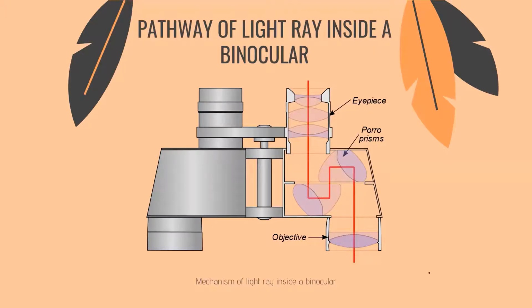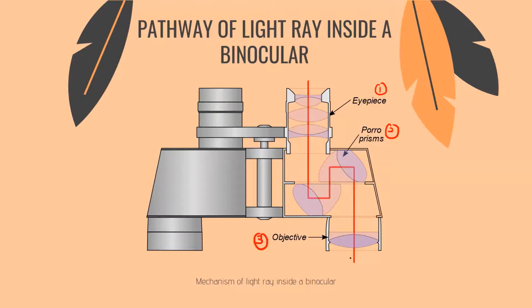And here we can see the structure of a binocular. A binocular consists of two parts, the left eye and the right eye. And there are a few pieces: the first is the eyepiece, the second is two polar prisms, and one objective lens.